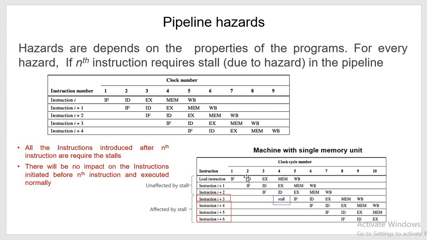After the completion of decoding, the processor will come to know that it has to load the data from the memory, and whatever address is required from where the data will have to be loaded from the external memory, all those things will be completed within this execution unit.